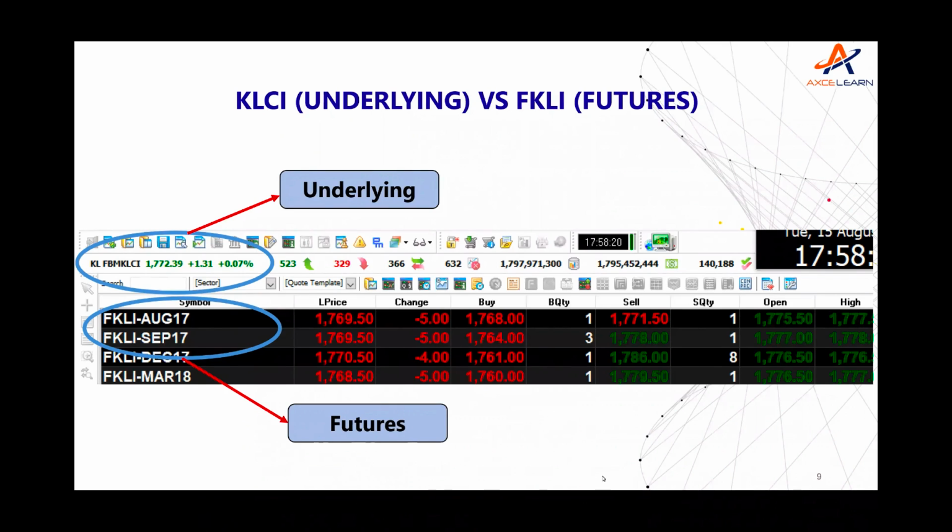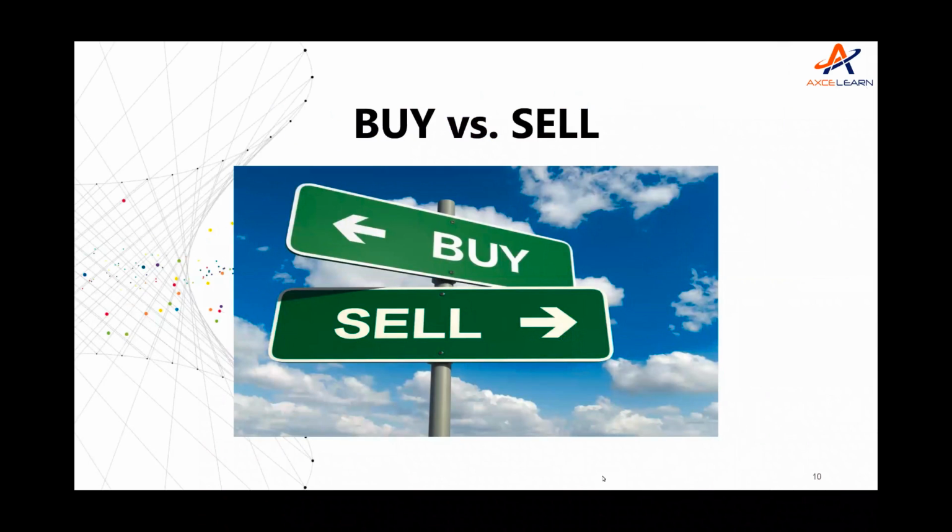I repeat, FBM KLCI is your underlying, which every day when you're trading stocks, when people mention the market is up for how many points or down for how many points, they are referring to FBM KLCI. And the derivative product, which is the futures, is your FKLI. Now, how to buy and sell, which we already covered in webinar 1, but I'm going to do a short recap before we continue with today's session.